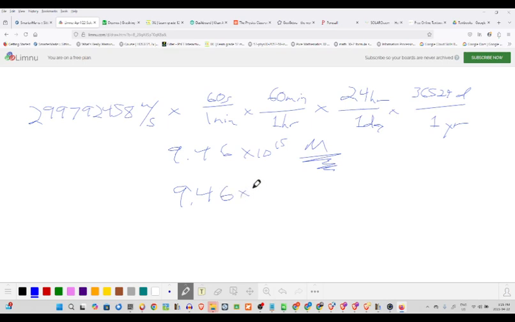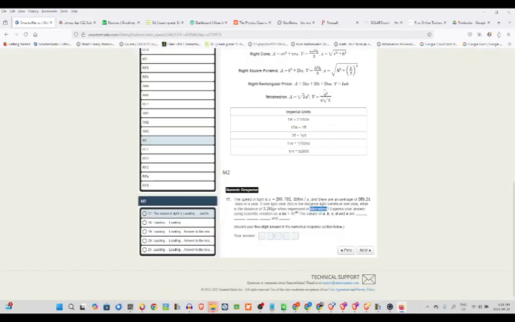So 9.46 times 10 to the 12 kilometers. Or in our numeric response, that is 94612. If you put the 15 there, or if you had a 16 instead of a 13, depending on how your randomizer went, then you missed converting meters to kilometers.